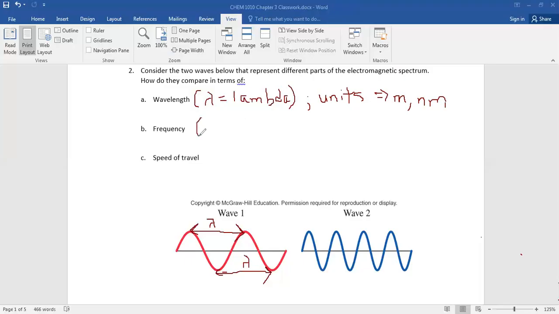Frequency is known by a Greek letter, nu, and that's the symbol for frequency. It looks kind of like an italicized letter V. And so the units for frequency are cycles per second, which are often just called per second. So seconds to the -1 power, which is equivalent to a unit called the hertz.